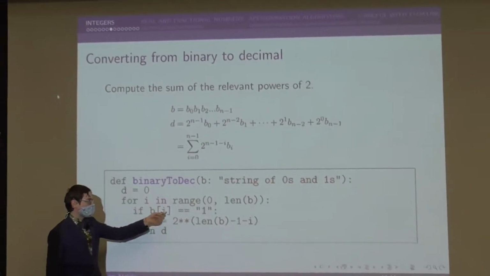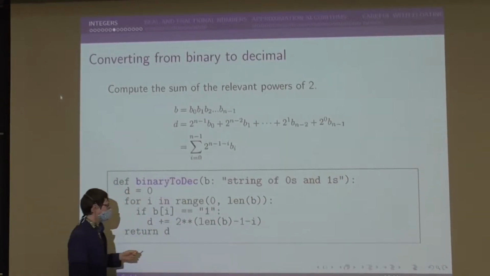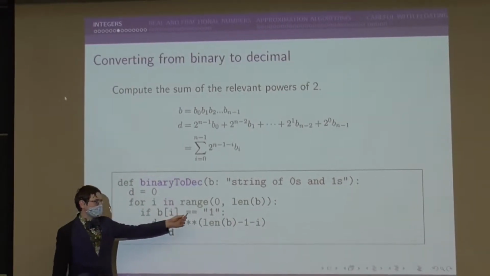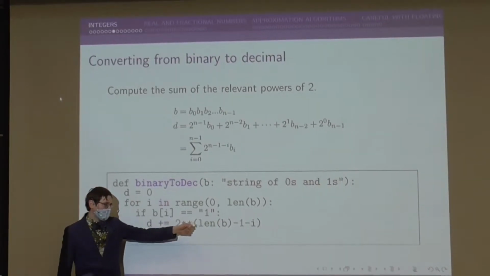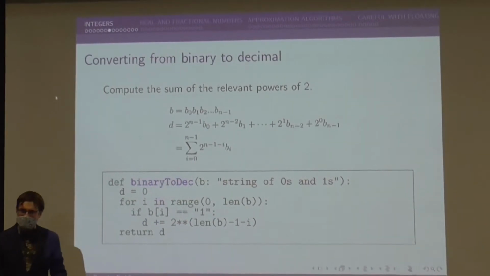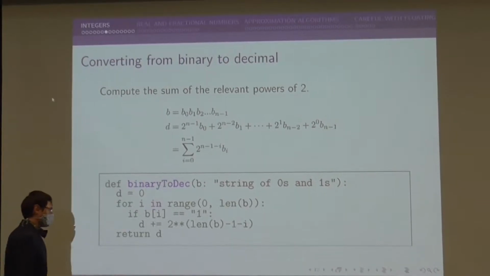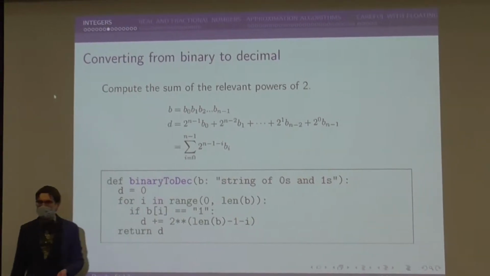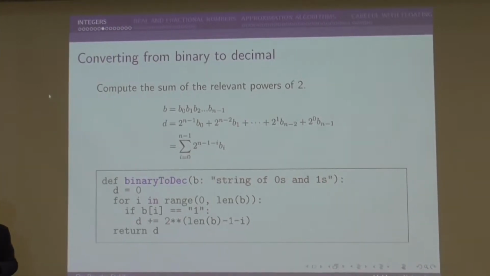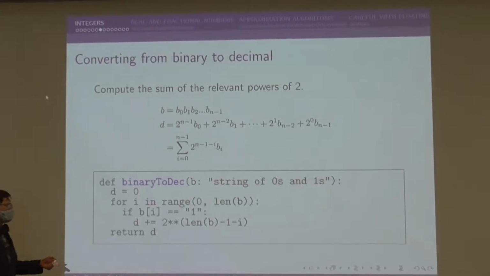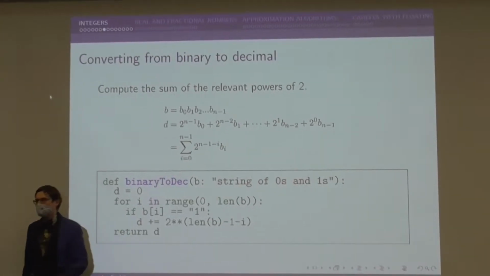For i in range from 0 to the length of b, if b at i is equal to 1, d plus equals 2 to the power of its position within that number minus 1. Then you return d, which is essentially the exact same thing that I did on the board. It's just done with a for loop.